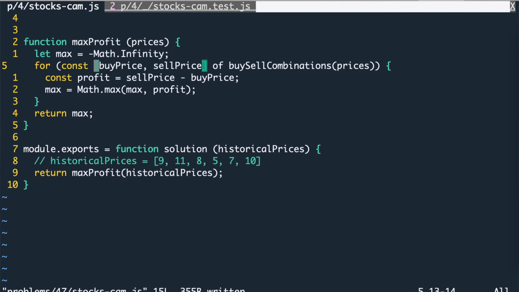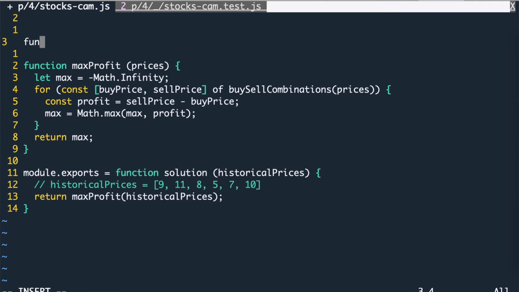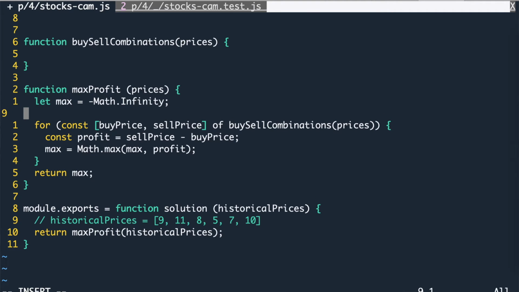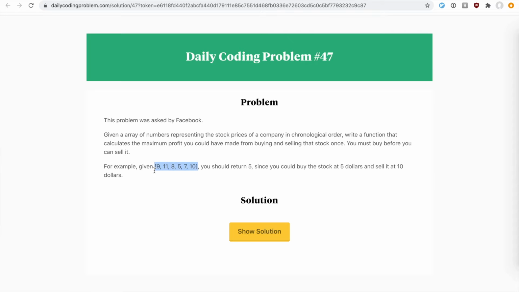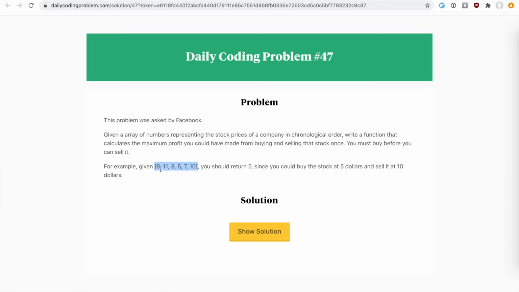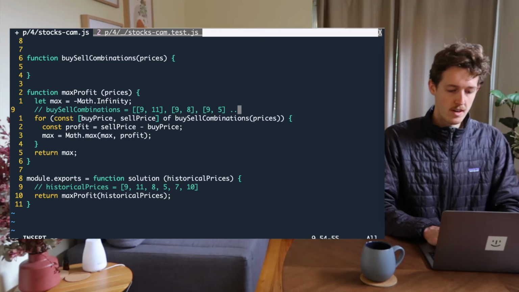So we're thinking, if we had some function called buy sell combinations, which will take prices, right? We expect buy sell combinations to return us a list like 9, 11, 9, 8, 9, 5, right?